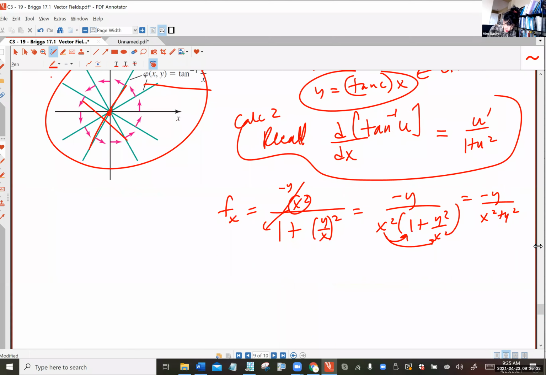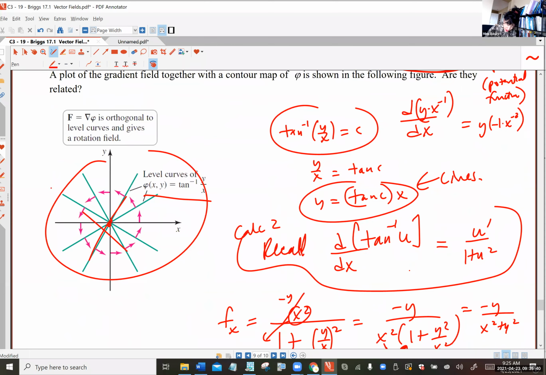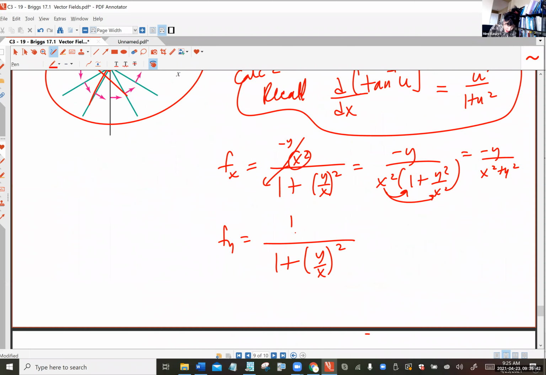When I get fy using the arctan derivative formula, the derivative of u, y over x, with respect to y is just 1 over x. If I try cleaning this up, it's not going to look as good because it'll still be a complex fraction. After I distribute here, one of the x's cancels, but the other one doesn't.